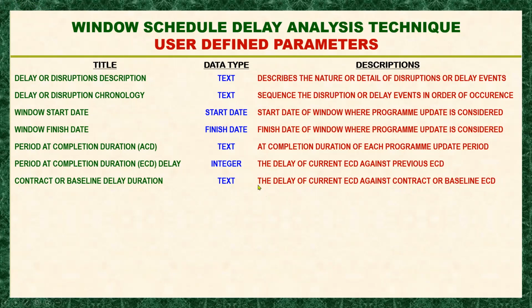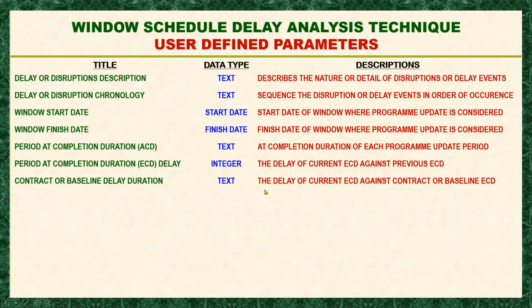So if we update our first month now, for the month of June, the at completion duration will emerge into a new figure or a new number. So it may be more than 305 days, or it may be lesser than 305 days. That is that number.